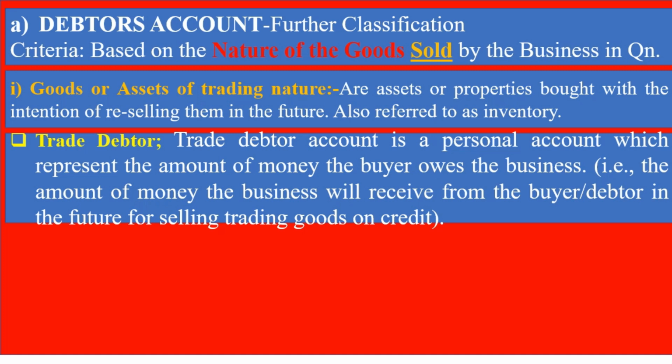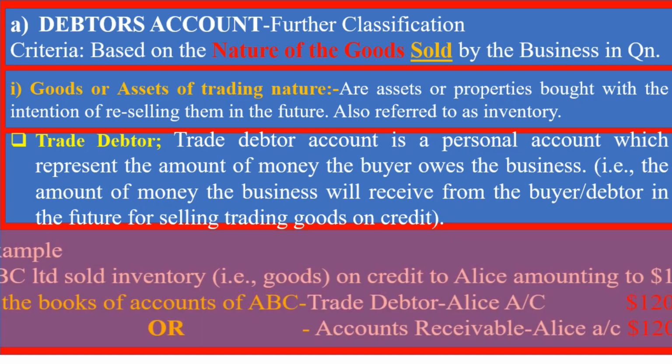Now, a trade debtor is an account which is of personal nature and which represents the amount of money the buyer owes the business in question. That is, the amount of money the business will receive from the buyer or debtor in the future for selling trading goods on credit. Alright?